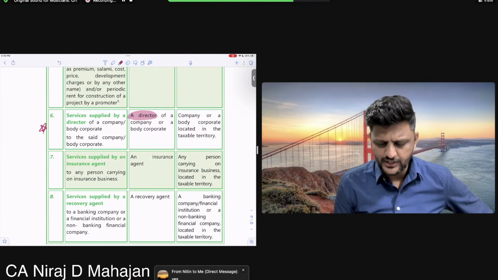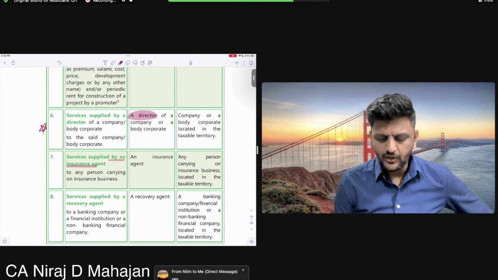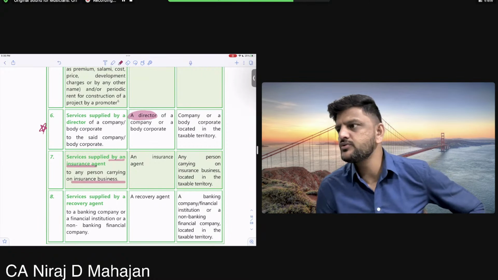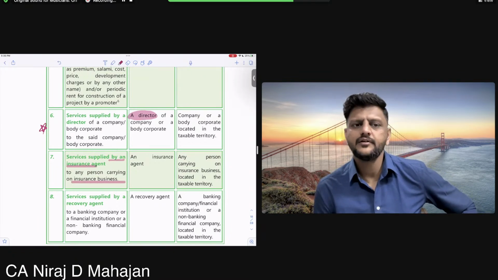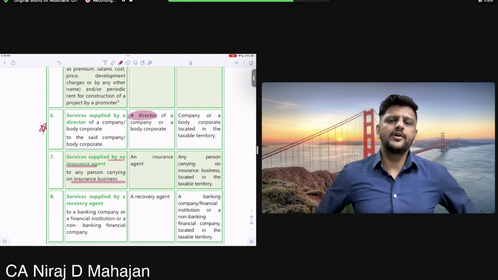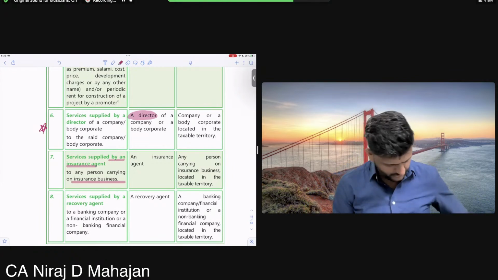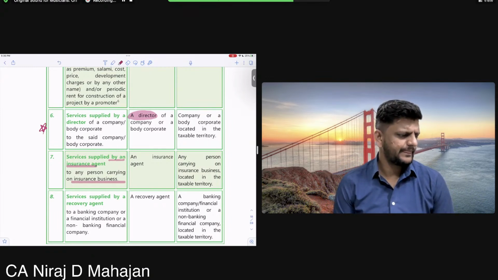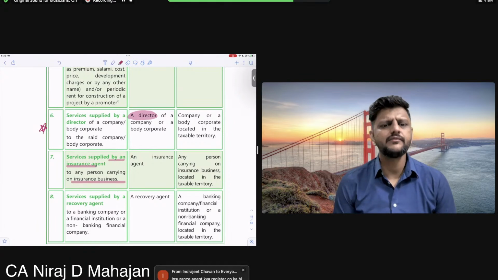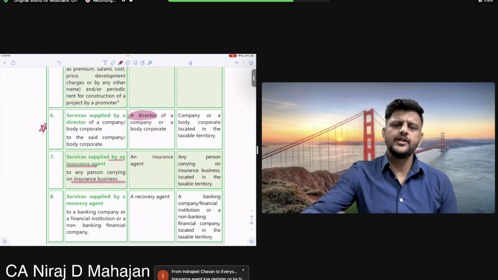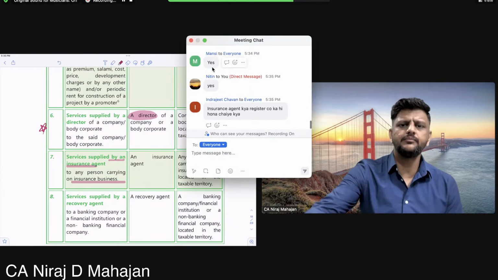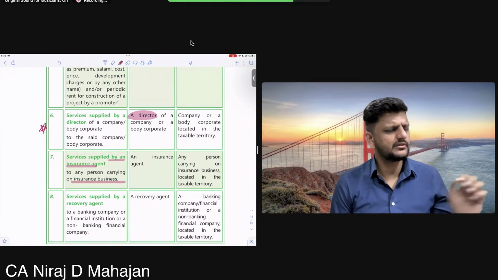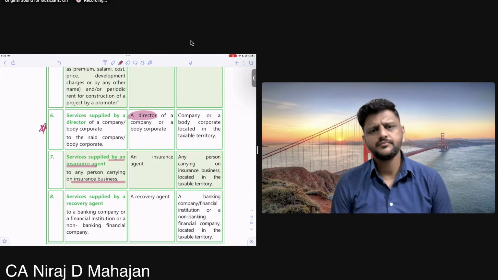Services by an insurance agent to any person carrying on insurance business. Now LIC themselves may have thousands and lakhs of insurance agents. LIC company, right? So what service is given here? What service are we talking about between insurance company and insurance agent? Isn't that agency services? Any person carrying on insurance business.